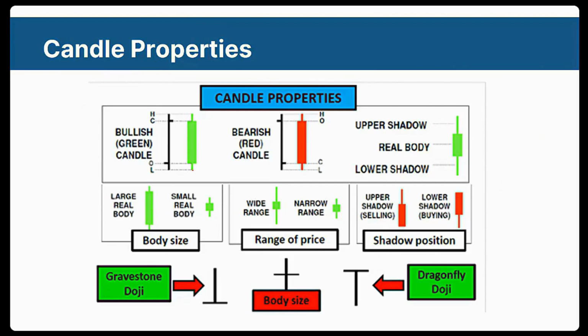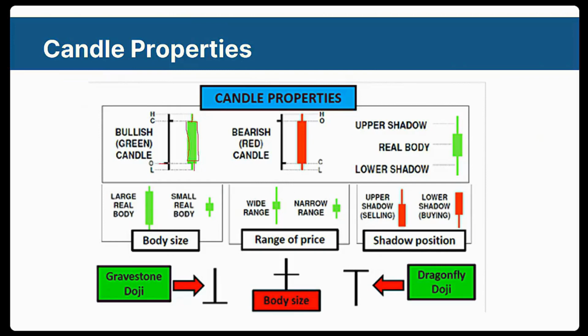So in a candlestick, you have a body, as mentioned. This is called the body, this is called the upper wick, and this is called the lower wick.